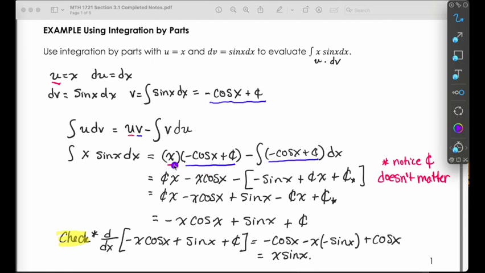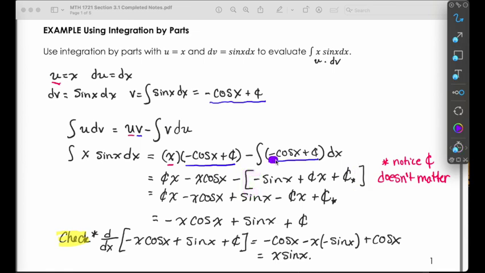Now, when I clean this up and expand this, I get x times minus cosine x. That gives me minus x cosine x. And when I take x times our constant, we get our constant times x, minus this integral. So I'm minusing whatever I get for that integral.